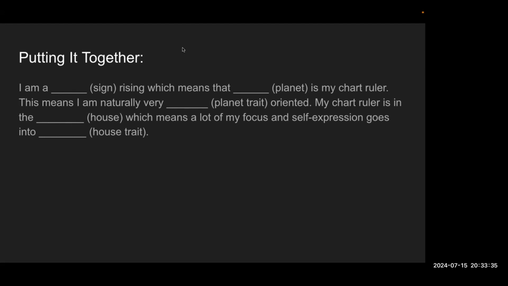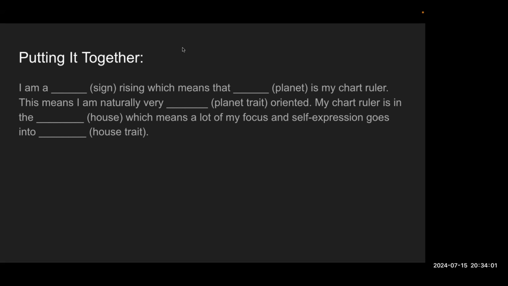Also keep in mind that filling in the blanks in this starter sentence for what your chart ruler means for you is a very beautiful starting point. There's so much more to your chart ruler than just this information, but it's a really great way to start familiarizing yourself with your chart ruler energy.